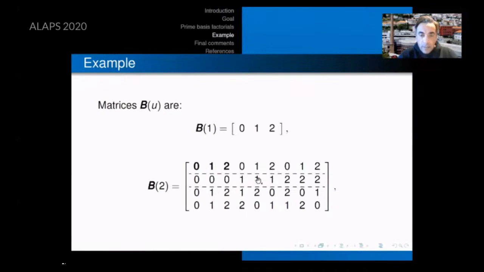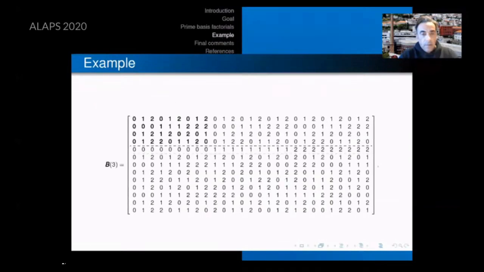For example, here we have 1 plus 1 is 2, and 2 plus 1 is 0 in mod 3, of course. Finally, B3 is represented here. So here, this is B2, B2, B2.